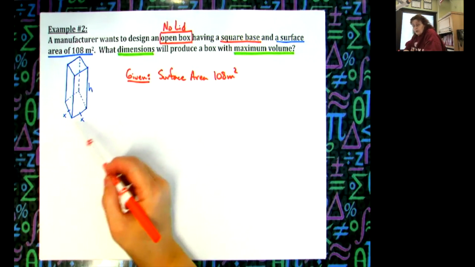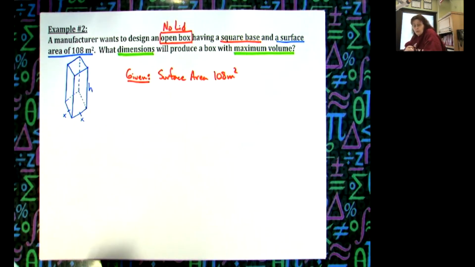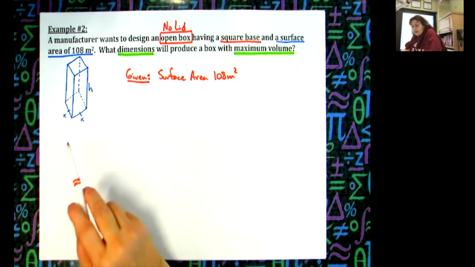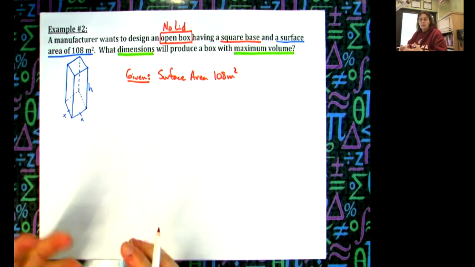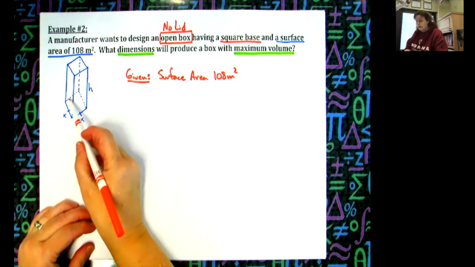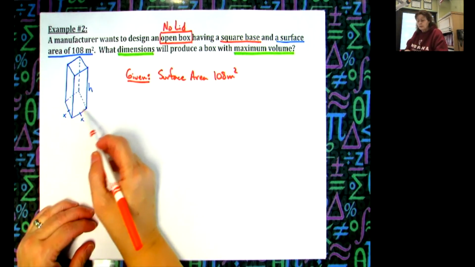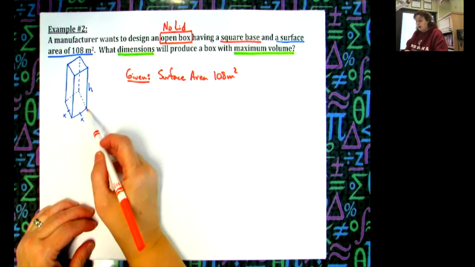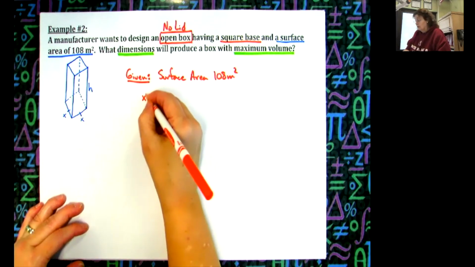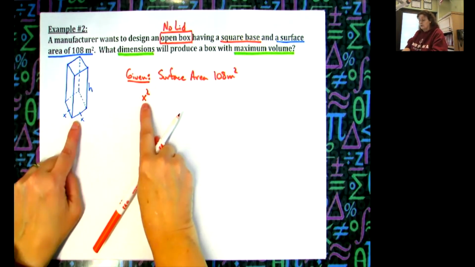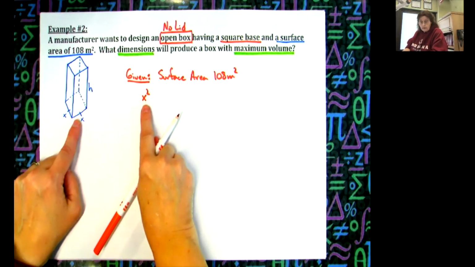You're not going to take the surface area for a rectangular prism or a square prism. Think about what surface area is. It's each one of the surfaces added all up. I clearly have a bottom. What's the area of the bottom? It's a square, so x times x, so x squared. That gives me the surface area of the bottom.